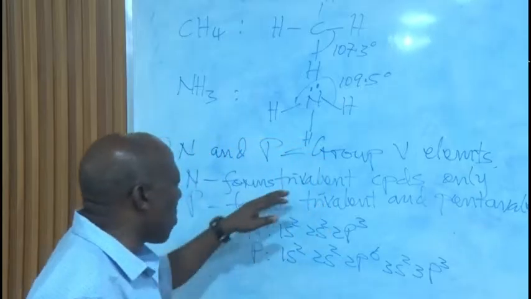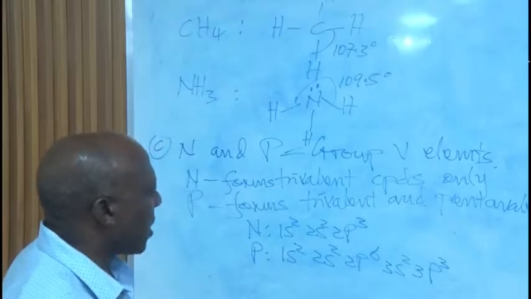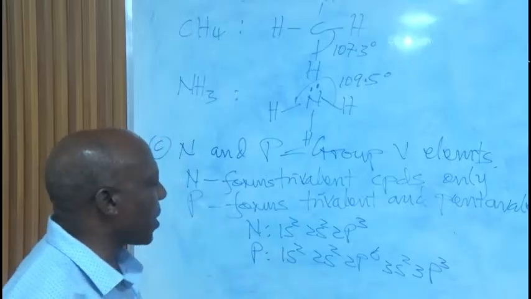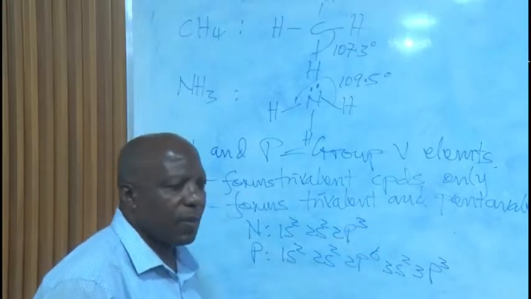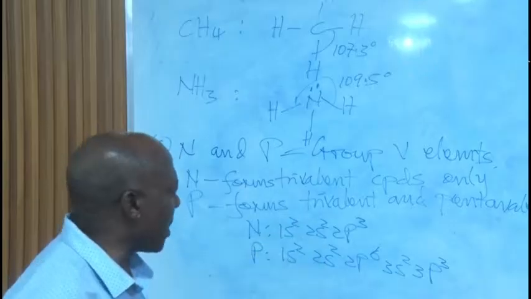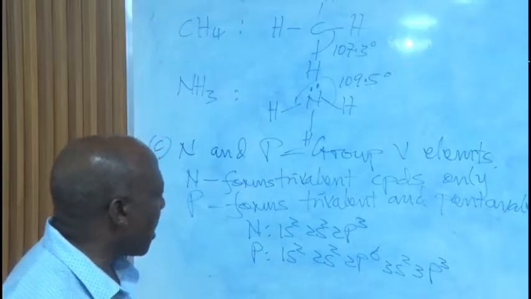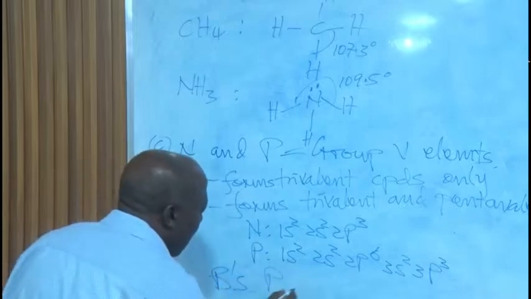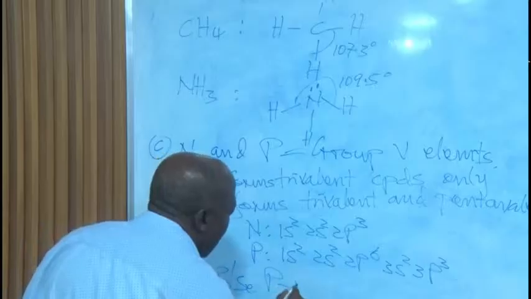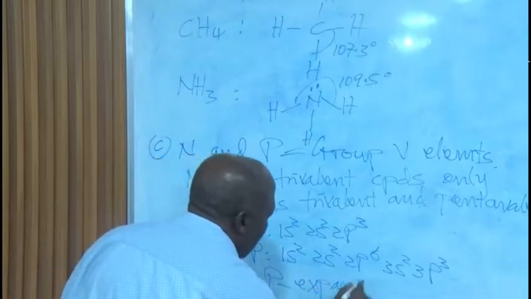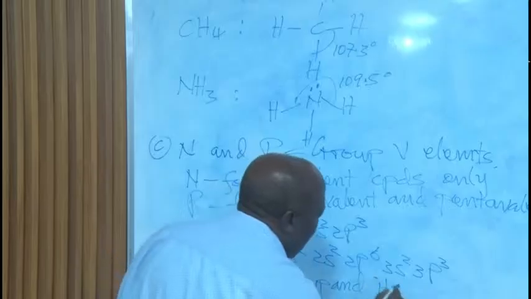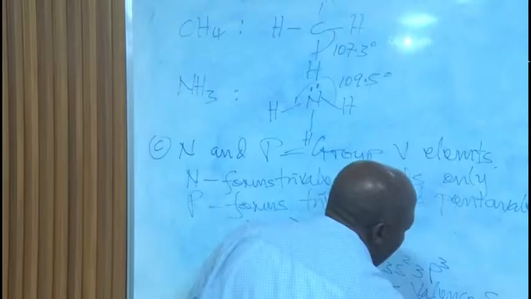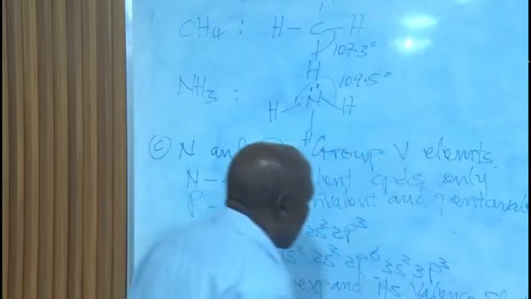Now, the reason why nitrogen forms trivalent compounds only, while phosphorus forms both trivalent and pentavalent, though both elements are group 5 elements, is because phosphorus can expand its valence shell. What does this mean?